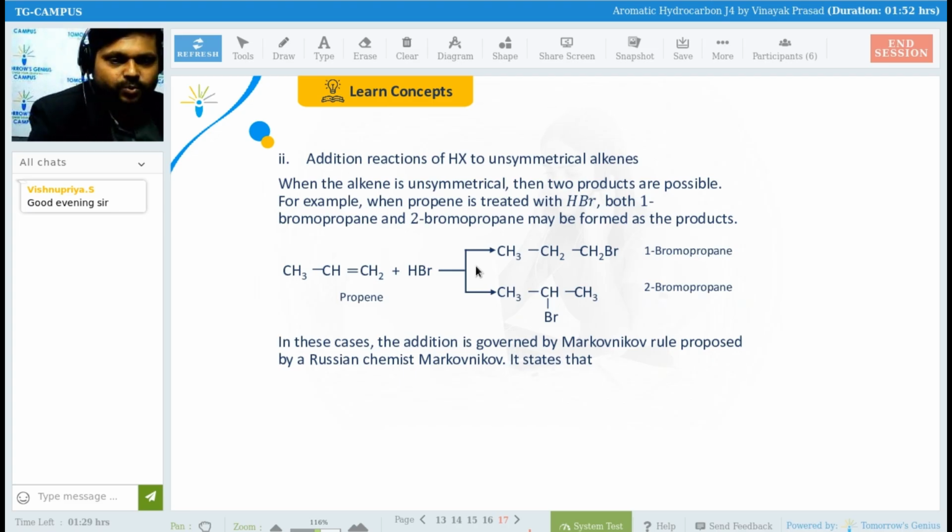See here. Here there are 3 carbons, 1, 2, 3. And here there is a double bond, right? Now we are having what? HBr. HBr is there, right?